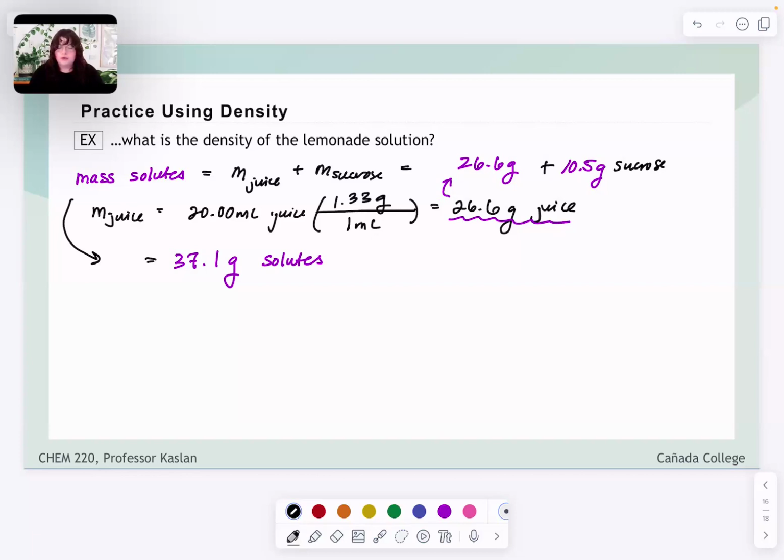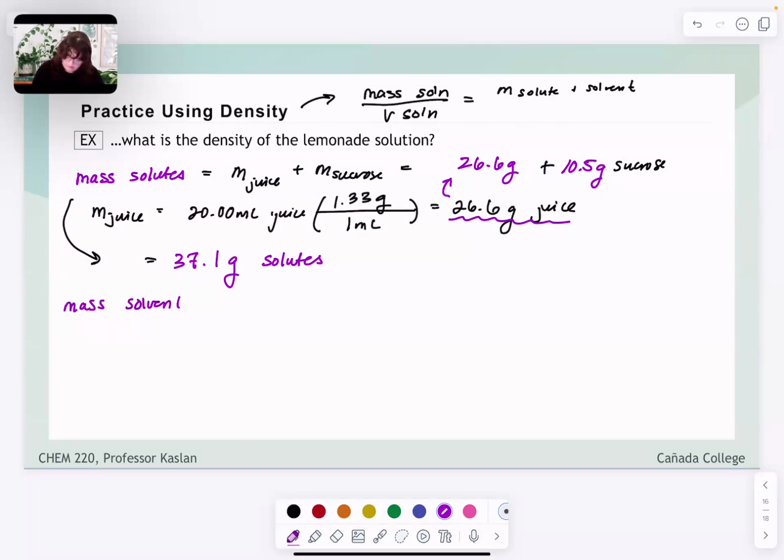Now, if we're trying to find the density, this is again mass of solution over volume of solution. And the solution itself is made of mass of solutes and solvents. So we now need to figure out our mass of solvent. So that's our water.